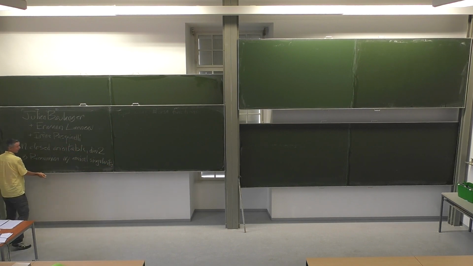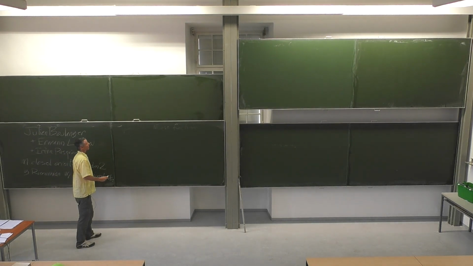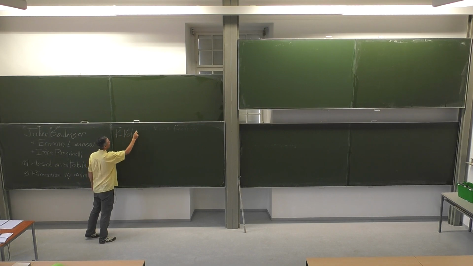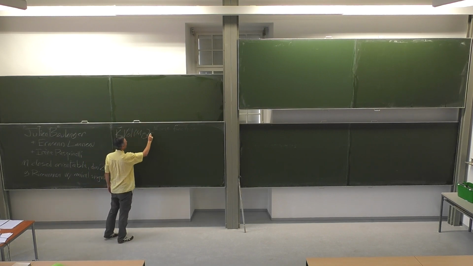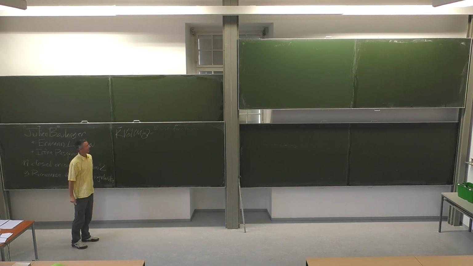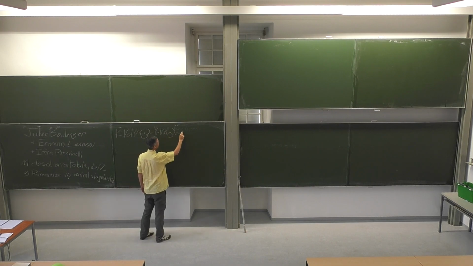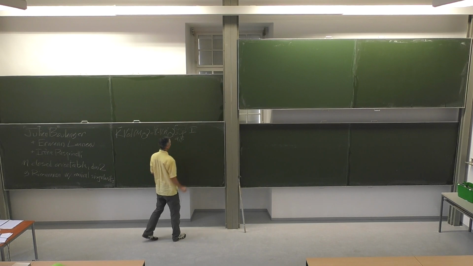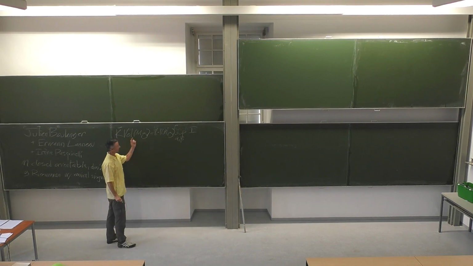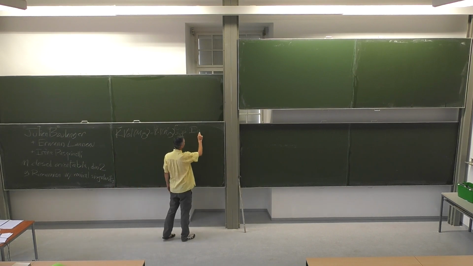And I'm going to look at the following quantity: it's the volume times the supremum over all pairs alpha, beta, where alpha and beta are closed curves on the surface M, of the algebraic intersection of alpha and beta divided by the product of their lengths evaluated with respect to the metric G.